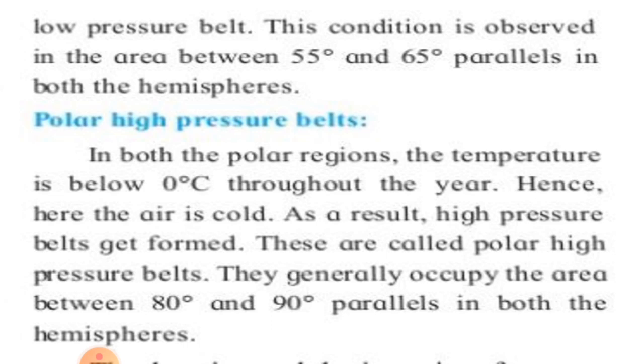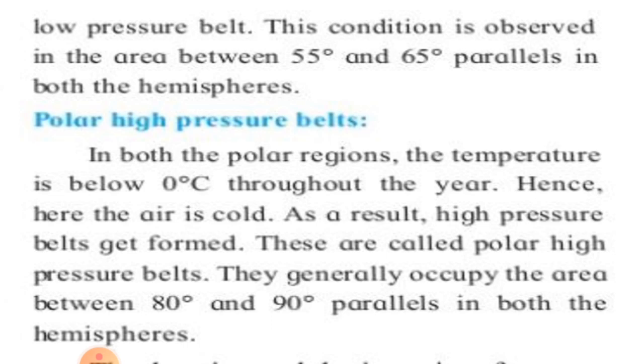Now let us see the polar high pressure belts. In both polar regions, the temperature is below 0°C throughout the year. Hence, here the air is cold. As a result, high pressure belts get formed.